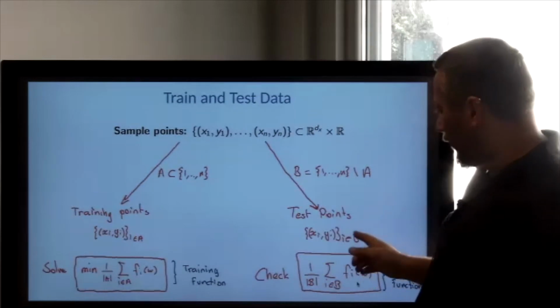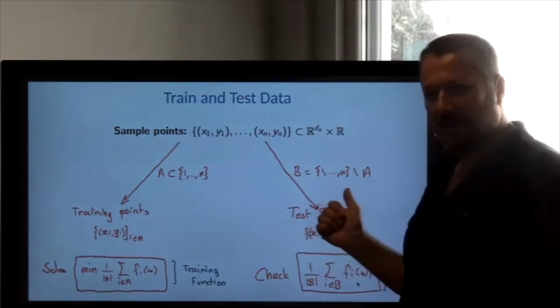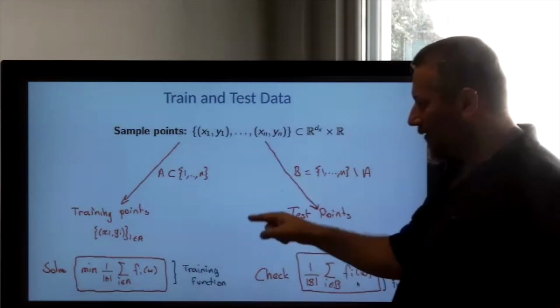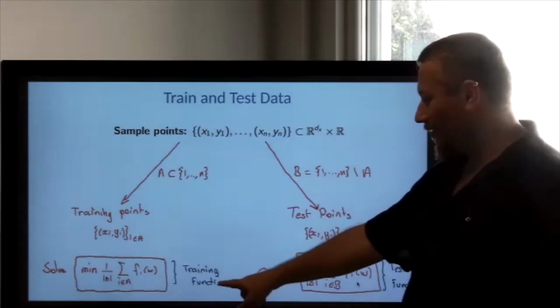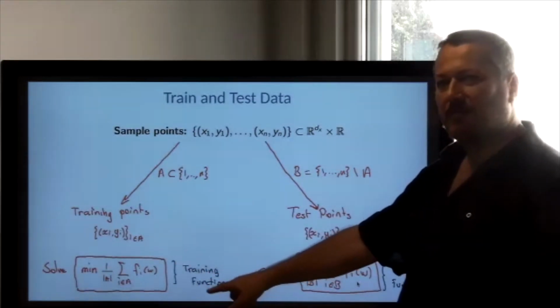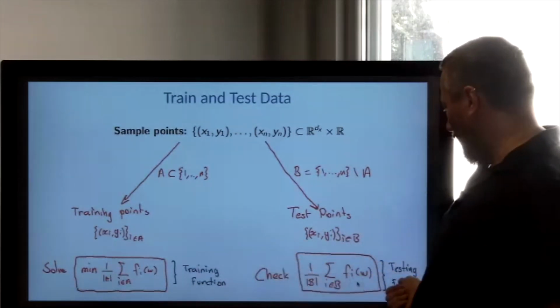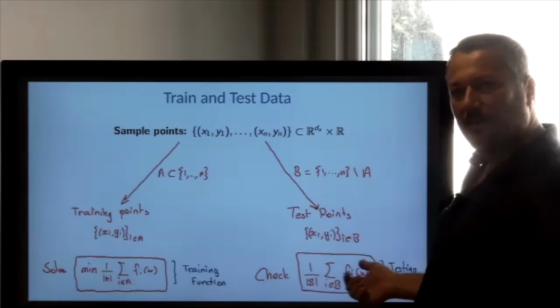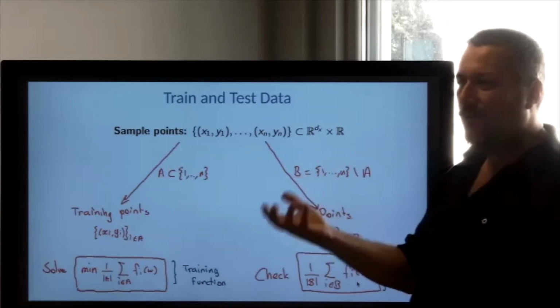All right. So in a way, if you look at it this way, our problem is not finding the best minimizer for the training function, but what we really want to do is we want to find the best minimizer for the testing function, so that we know that this minimizer generalizes well.